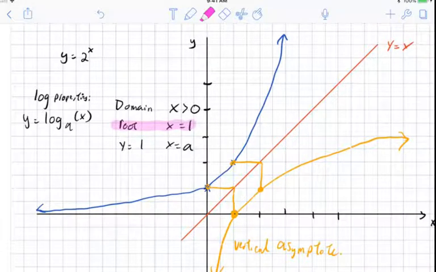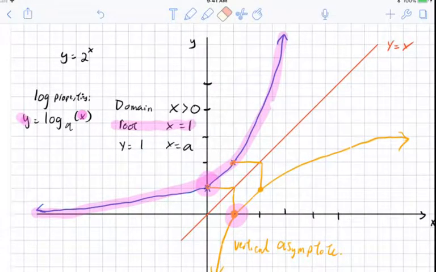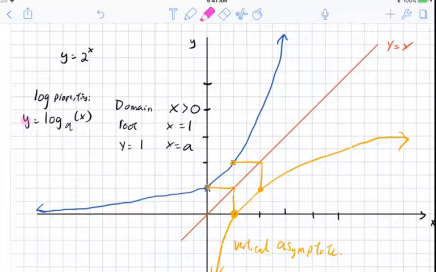It's because we talked about how exponentials all go through when x is equal to 0, y is equal to 1. And the mirror image of this y-intercept is going to be the x-intercept, right? So whenever x here is equal to 1, the value of y here is going to be equal to 0. X-intercept. Well, that's interesting. What about the other properties? Next one. Why is it that for any log function, when y is equal to 1, x is equal to a?